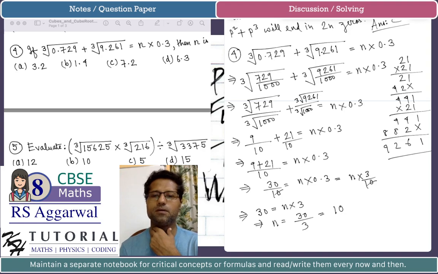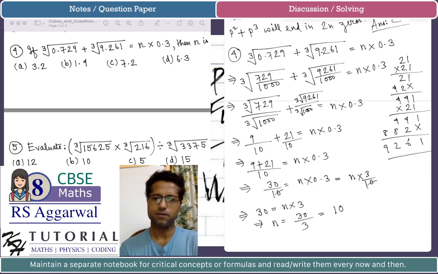So we have this equal to n into 0.3. This implies the left hand side, 9 plus 21 by 10, is equal to n into 0.3.